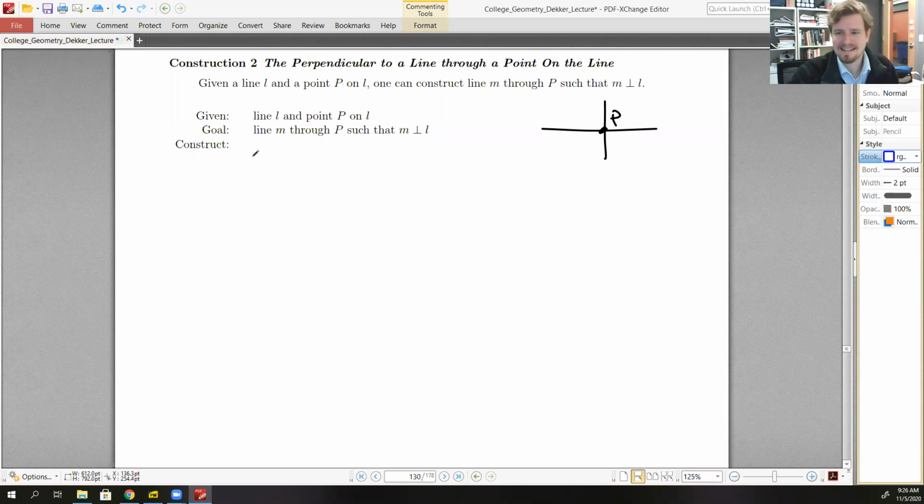Now, the basic idea is that we want to construct, start simple here, start with just a circle that is centered at P with any radius greater than 0. Okay, so once we do that, that's going to give us a couple of intersection points.